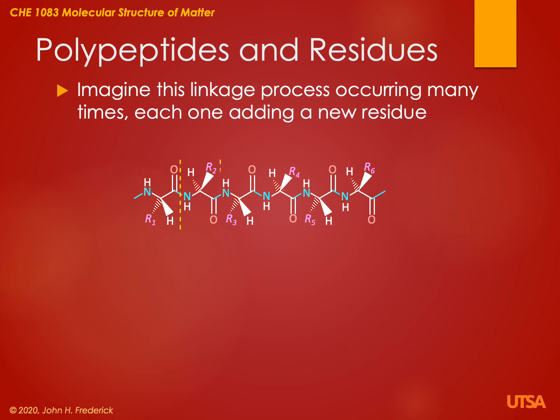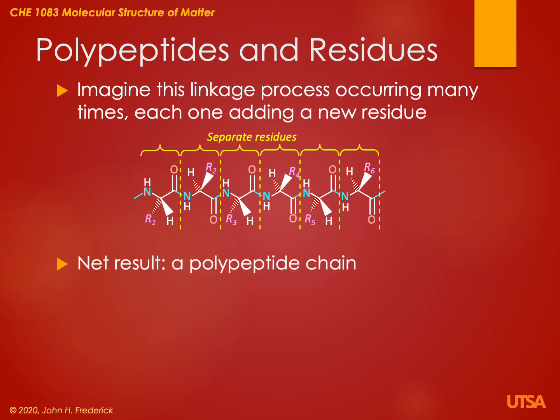Now we're going to indicate that each residue can be distinguished from each other, but they're distinguished largely by the identity of the side chain, the R group that's attached to that amino acid to begin with. So the net result here, as I mentioned, is a polypeptide chain. And these bonds in here that connect the different residues to one another are peptide bonds, or you can also think of them as amide bonds.